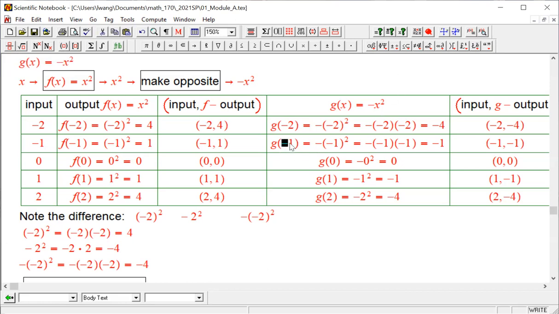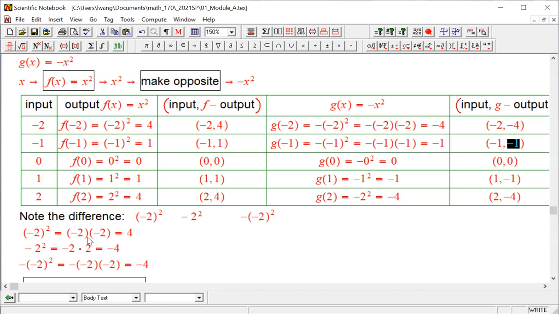So for -1, it is the negative of -1 times -1, which is -1. So for input -1, the output is -1. And all the others are calculated accordingly.